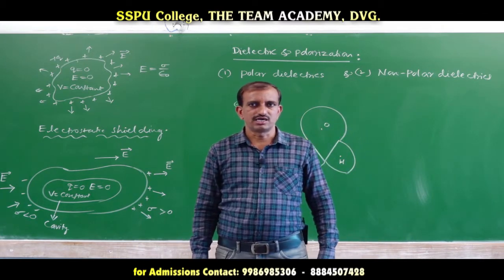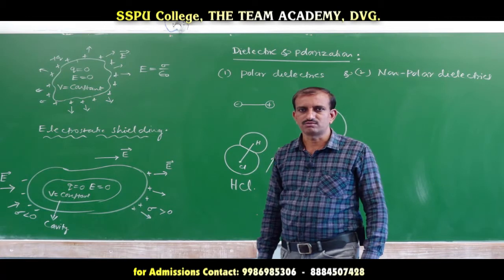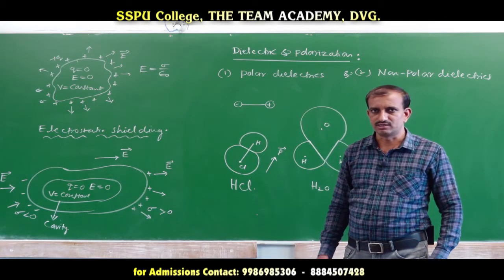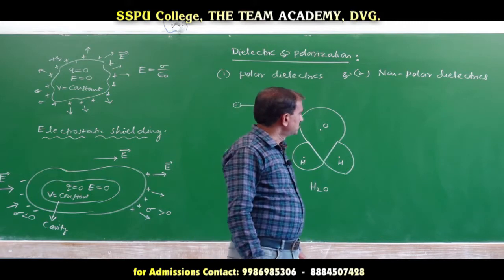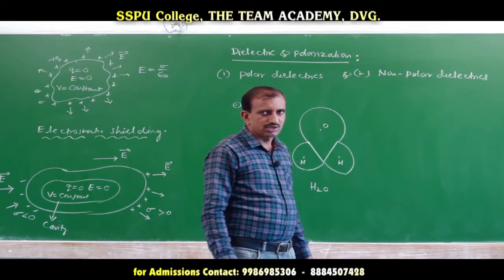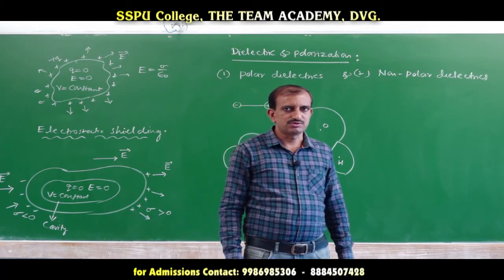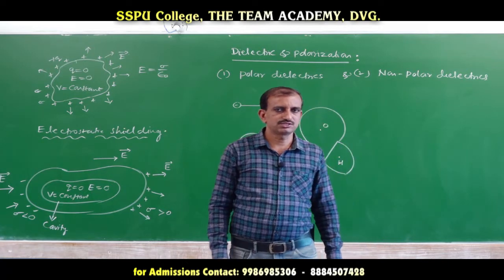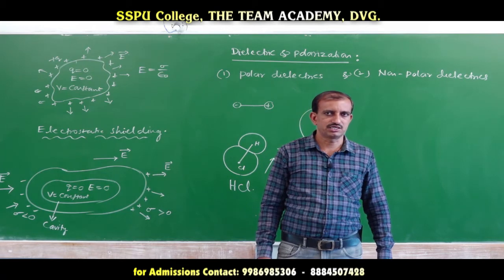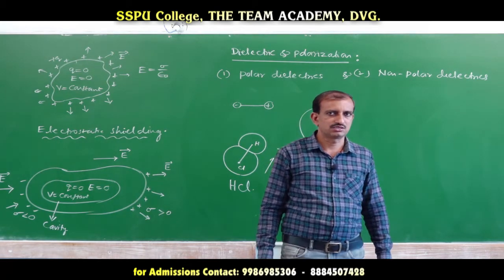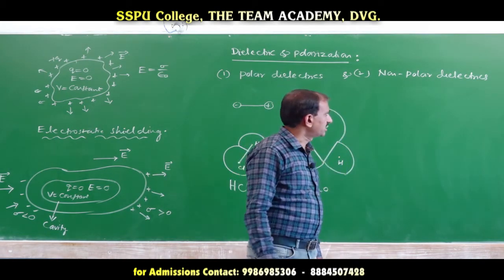Therefore, the polar dielectric possesses a permanent electric dipole moment. Now the non-polar dielectric molecules: these are dielectric molecules in which the centers of positive charges coincide with the centers of negative charges. Such a dielectric molecule is called a non-polar dielectric molecule.